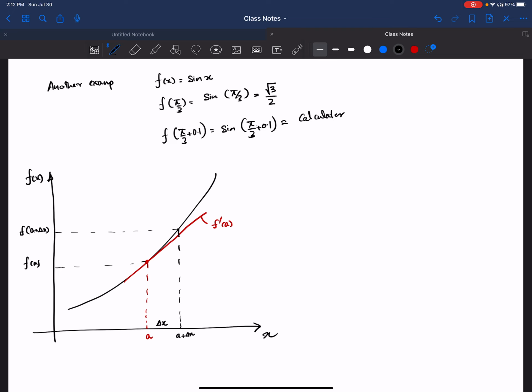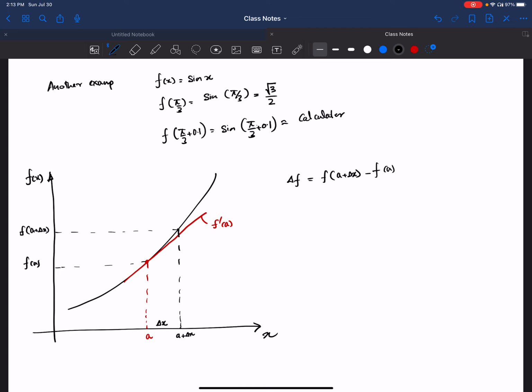And I can write that delta f is equal to f of a plus delta x minus f of a.